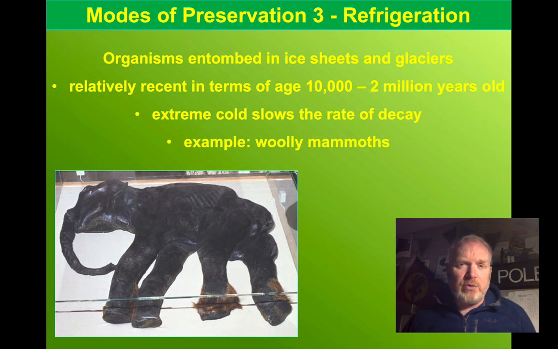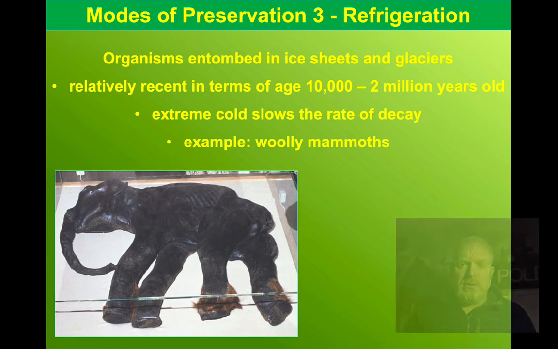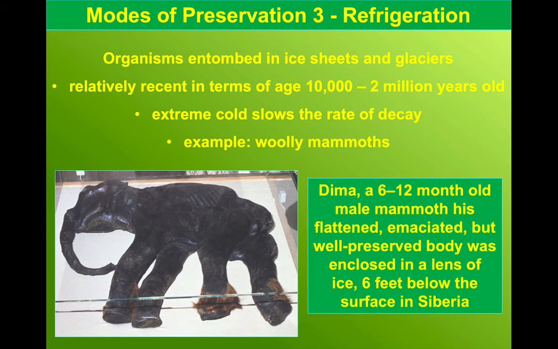And we have found, for example, woolly mammoth fossils remarkably well preserved, frozen into the ice. This is Dima, found in Siberia, a juvenile mammoth, incredibly well preserved. But these fossils aren't going to be old. We can't find really ancient fossils preserved in ice.